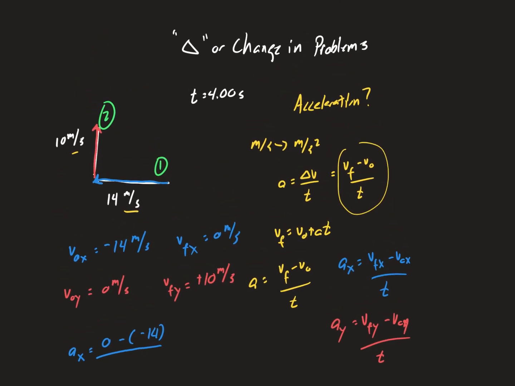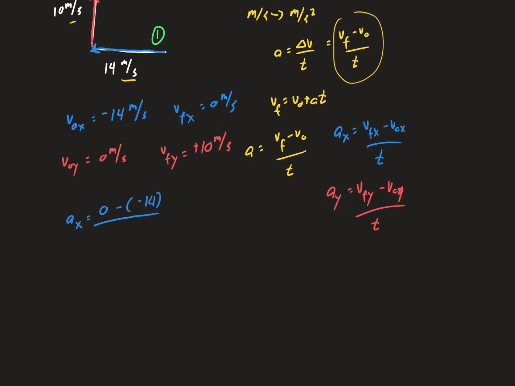Once again, it gave me time, and I kind of forgot about it, but time is up here at 4 seconds, so over 4. So I get acceleration in the x of 14 over 4, which would be 3.5 meters per second squared, all in the x direction. That's the acceleration vector in the x direction.